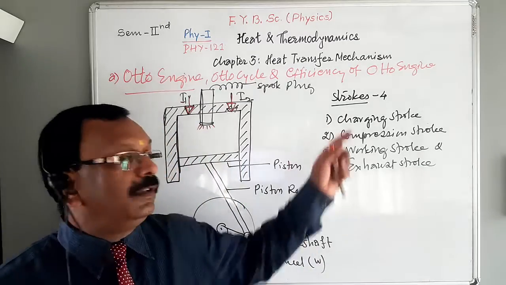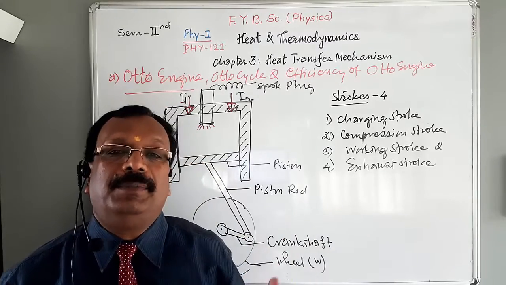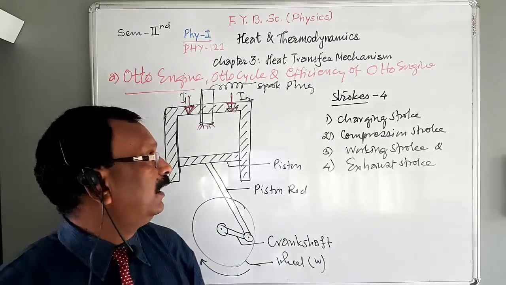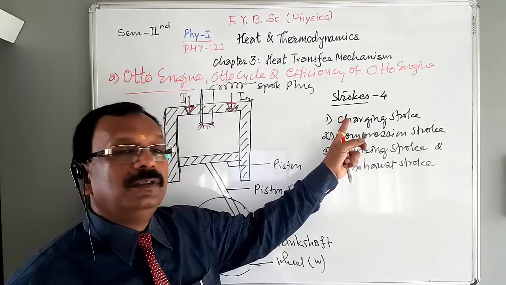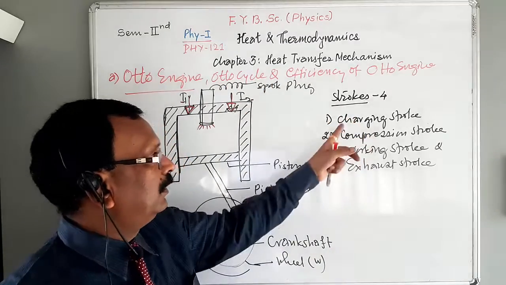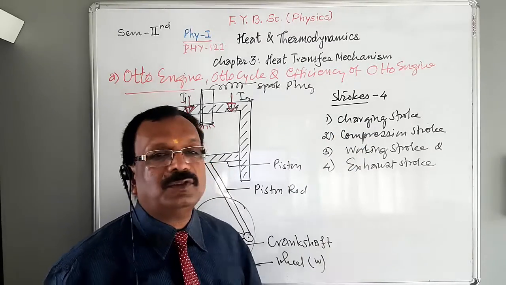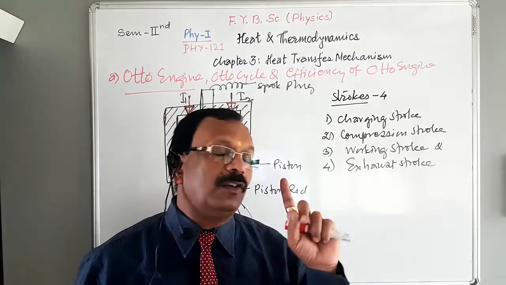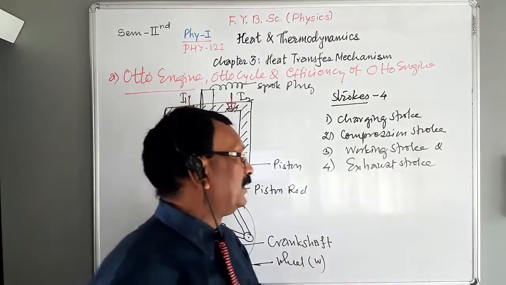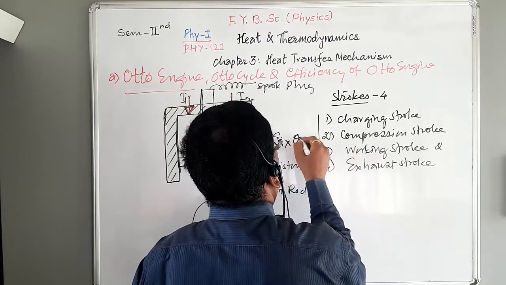When all these 4 strokes occur, the Otto cycle gets completed. But one cycle of operation involves 6 operations: 4 strokes and 6 operations.